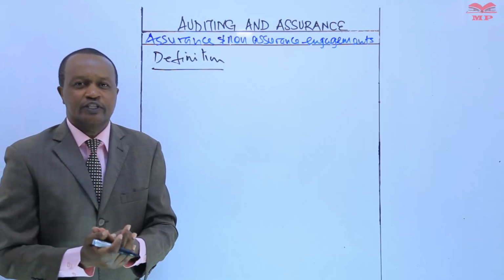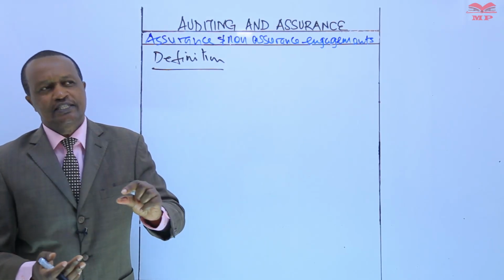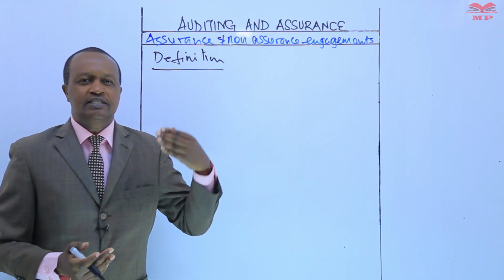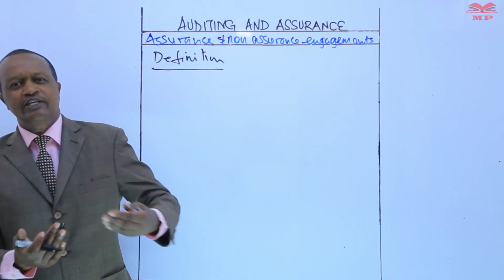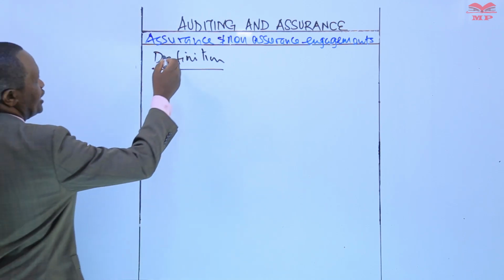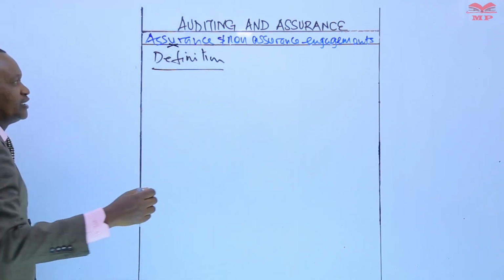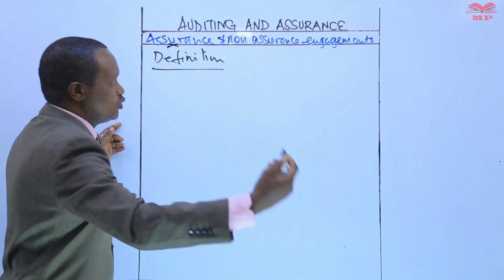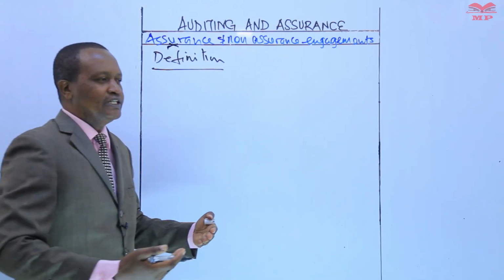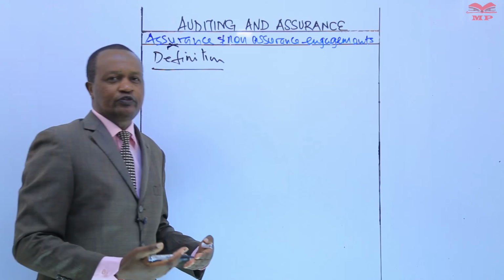And this professional expresses a conclusion designed to enhance the degree of confidence. That's why we are talking about assurance, from the word assure. It is to enhance the degree of confidence.